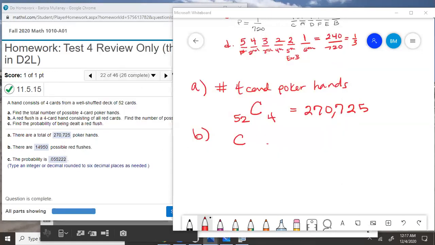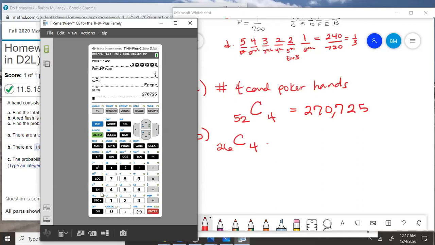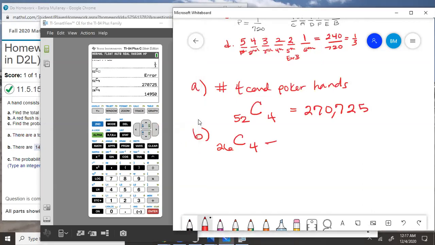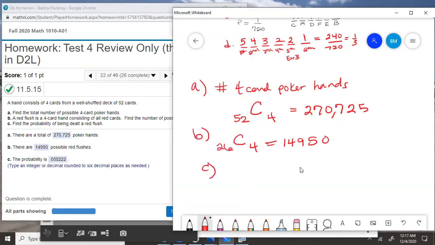So this is a combination of 26 taken 4 at a time. And that answer is 14950.